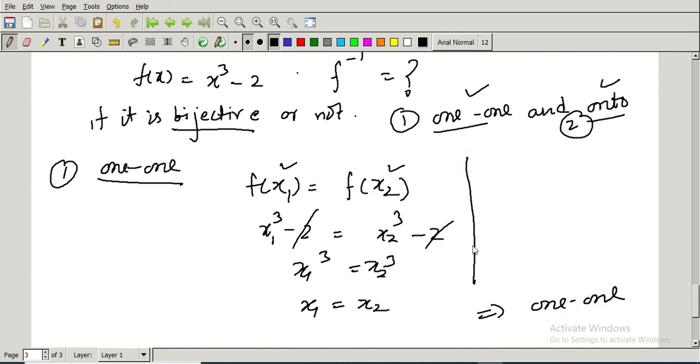In another way, we can write f(x) is equal to f(y). If x is equal to y, then it is a one-one function.